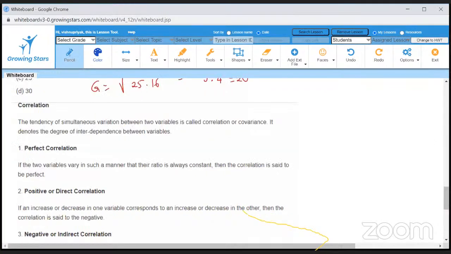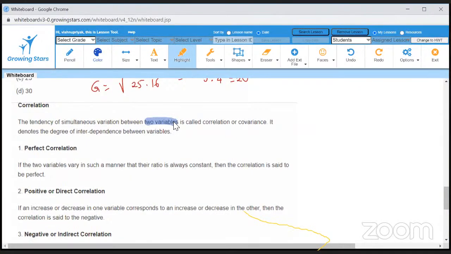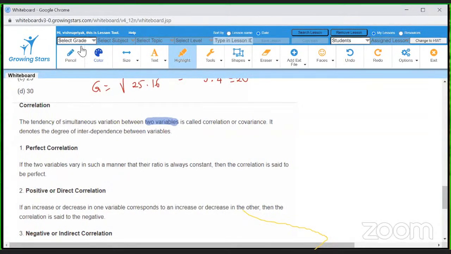Correlation. What is correlation? If there are two variables, X and Y, and X is changing and Y also is changing, then how much are they dependent on each other? What is the degree of dependence of X on Y and Y on X?